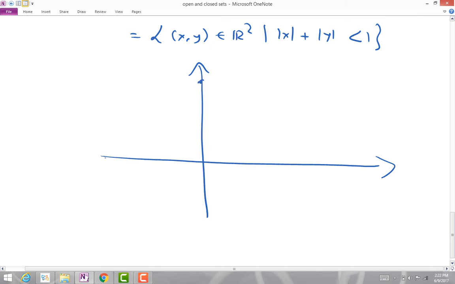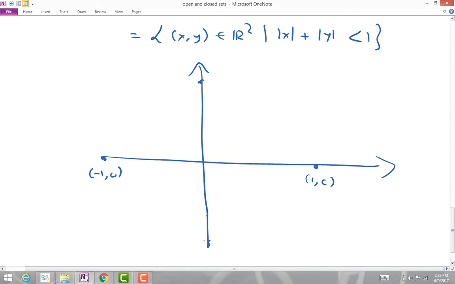Now if I graph this set, the sum of the absolute values should be less than 1. So for example, if I'm at (-1, 0) or (1, 0), it's not less than 1, so it should not include those points.